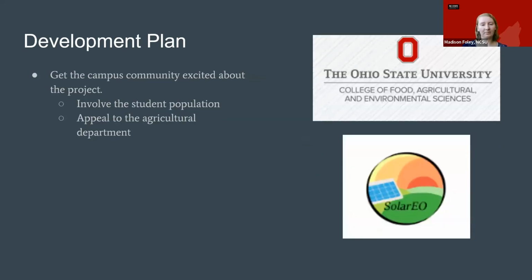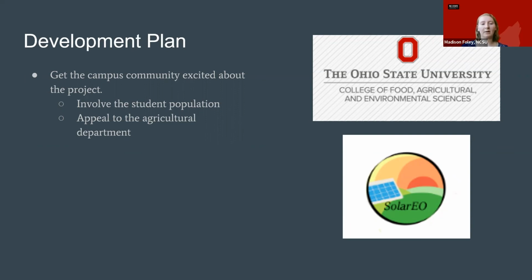Next slide. We also know that getting the Ohio State University community on board with the project is essential to the success of its implementation. So we plan to involve the student population by engaging with student energy and climate organizations. For example, there is a student-led organization at OSU called Solar Education and Outreach, who aims to educate the community about green energy technology and initiatives.